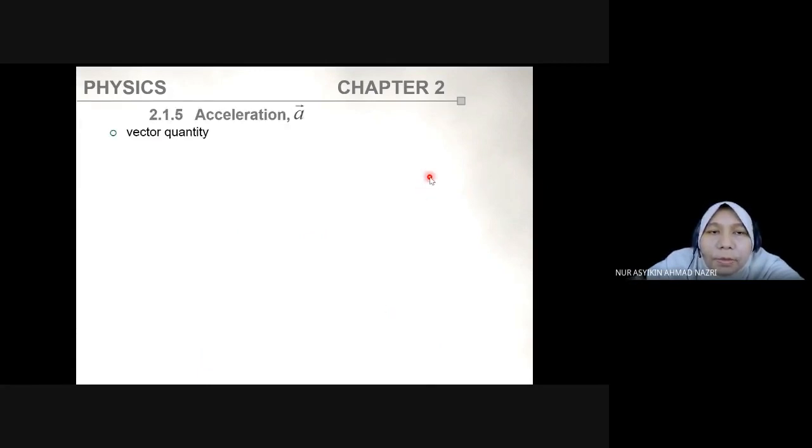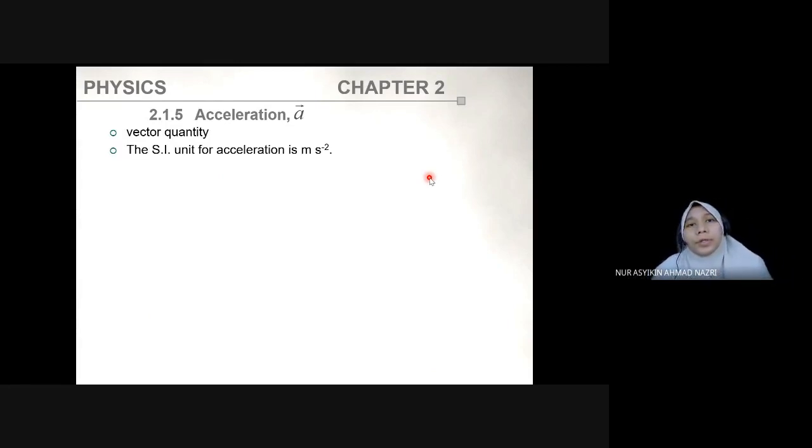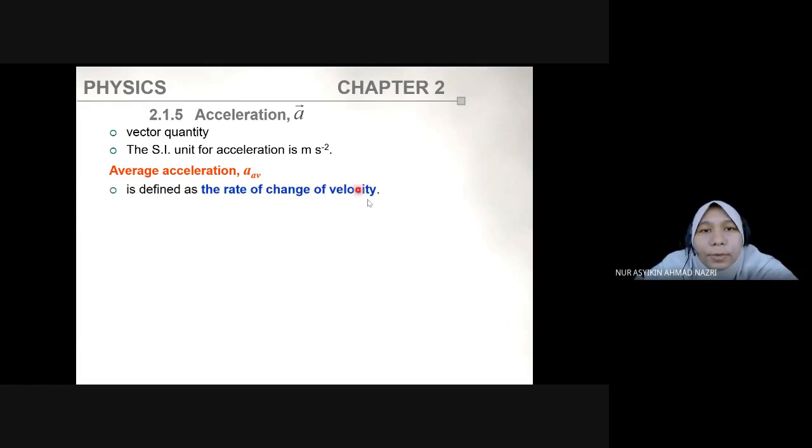Now we're moving to acceleration. So acceleration is meter per second squared because we divide the time 2 times. So your unit akan dapat meter per second squared. So average acceleration is the rate of change of velocity.